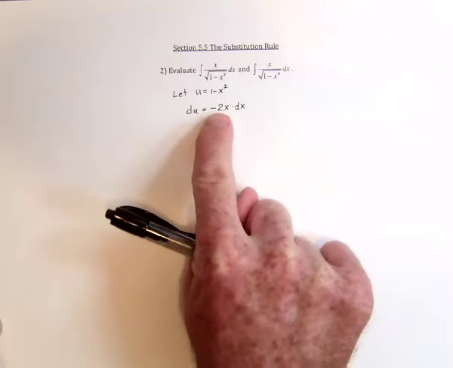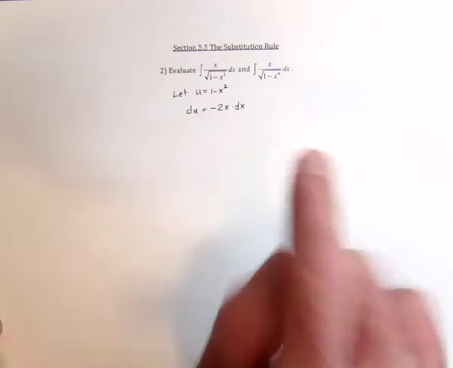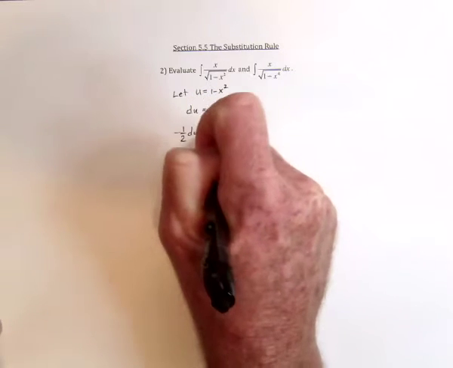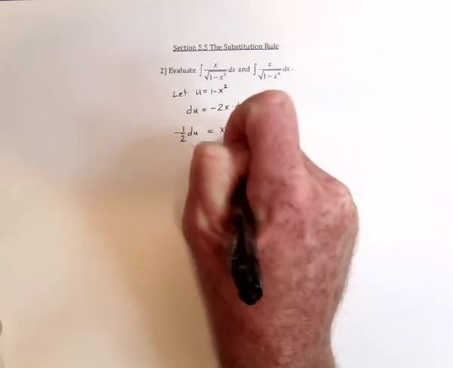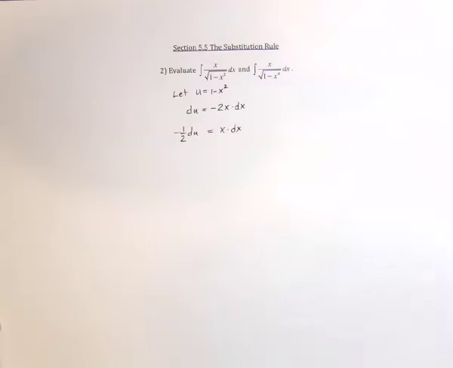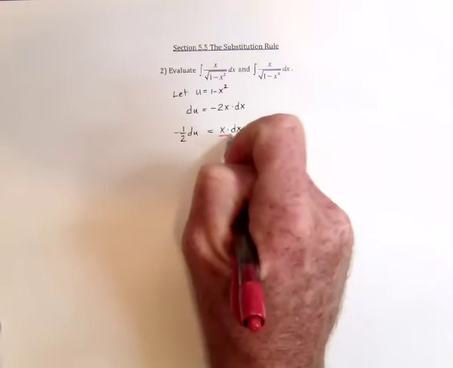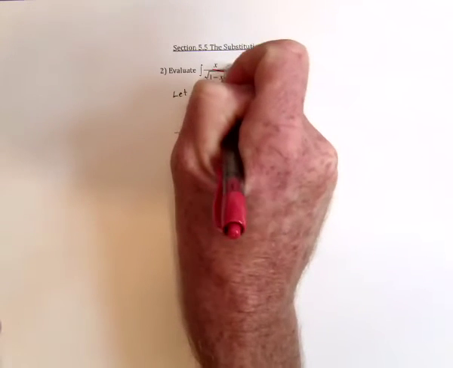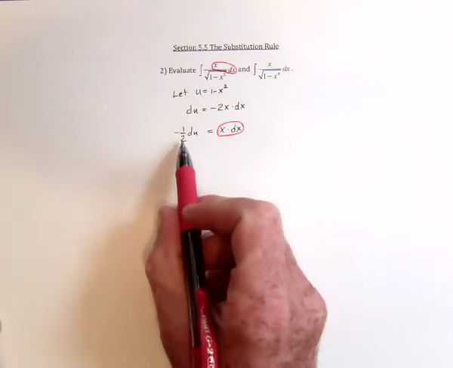I just need to multiply by a negative 1/2 on both sides. And then this x dx is going to replace this x dx with a negative 1/2 du.